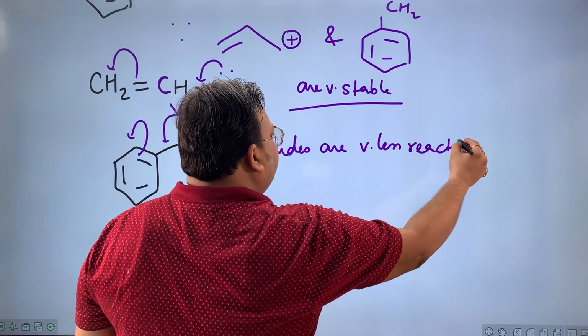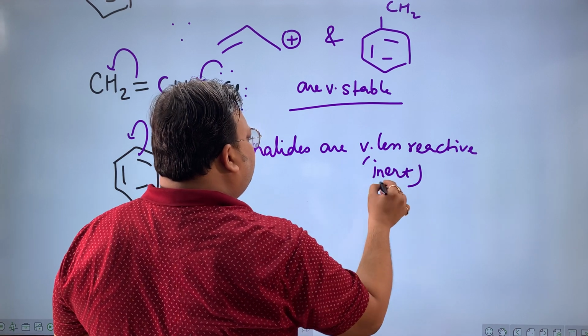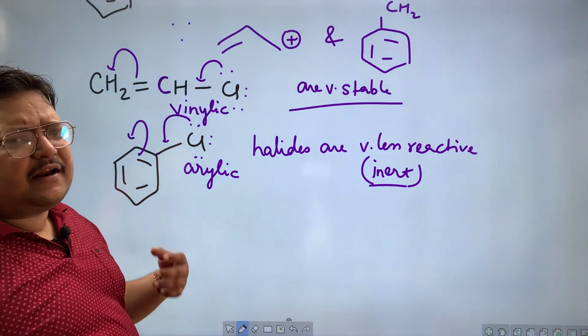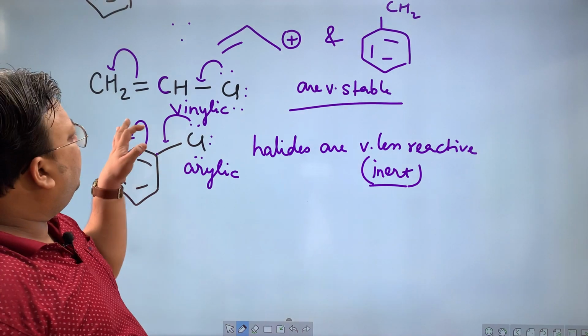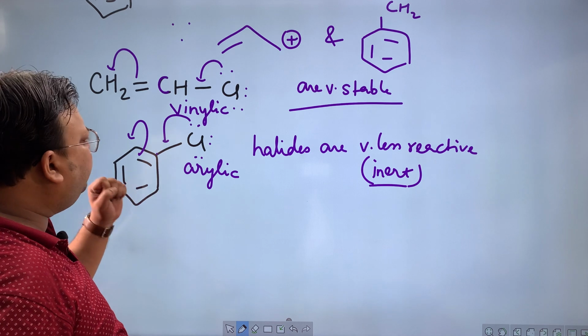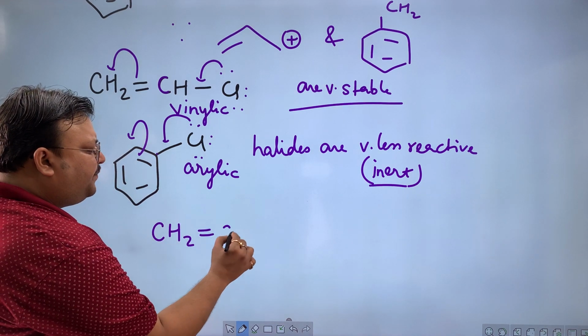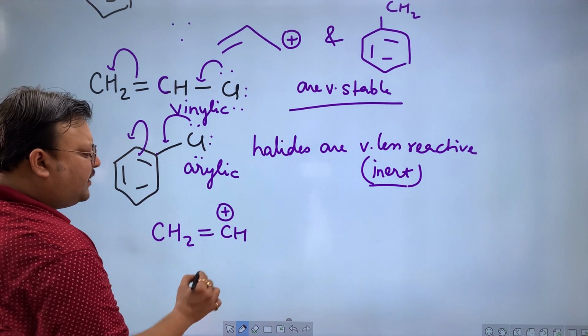They are inert. They will react only at very high temperature or with very strong chemicals. You will require very strong chemicals or very high temperature for these compounds to react. They are very less reactive because these two carbocations are very difficult to obtain. These two carbocations are very unstable.